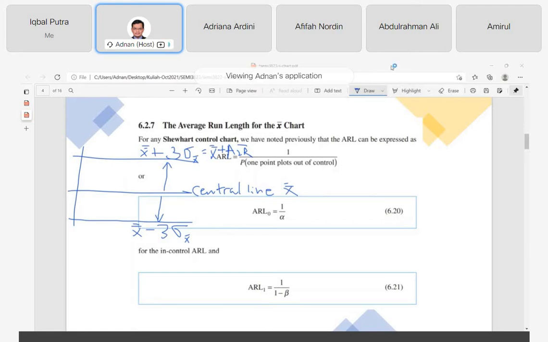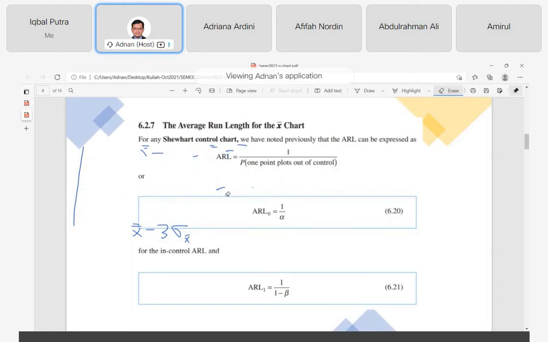Now, as I said, when we design a control chart, we want to see how good is the control chart that we designed. We decide the control limit, we decide the sampling frequency, we decide the sample size.